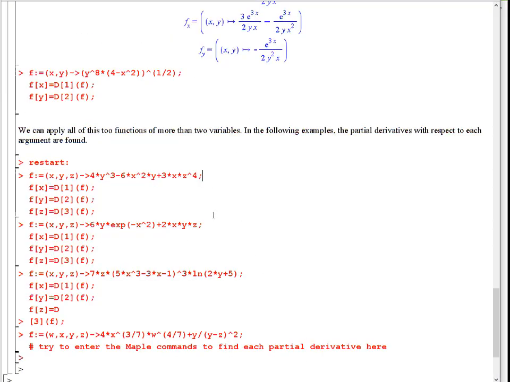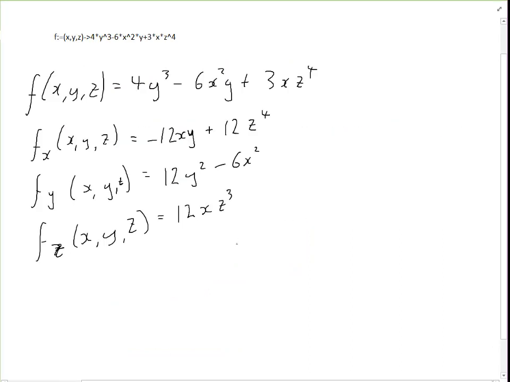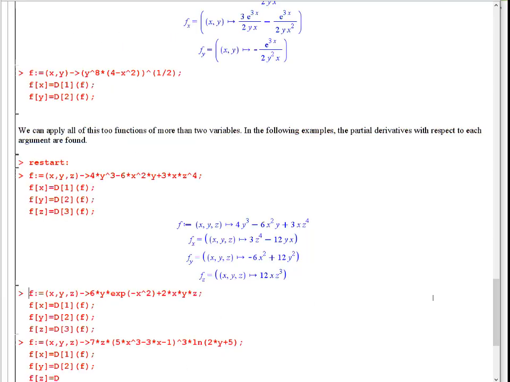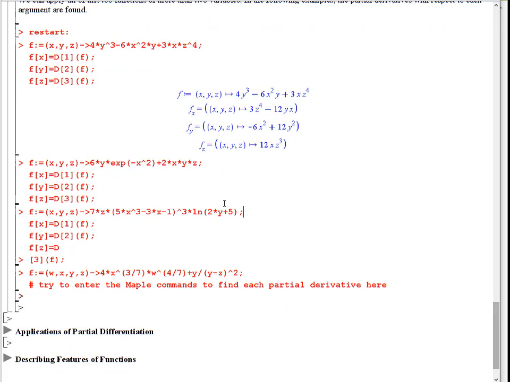Let's see if this agrees. Seems to be the same. That's good. Okay, and finally the last example before we go on to applications.